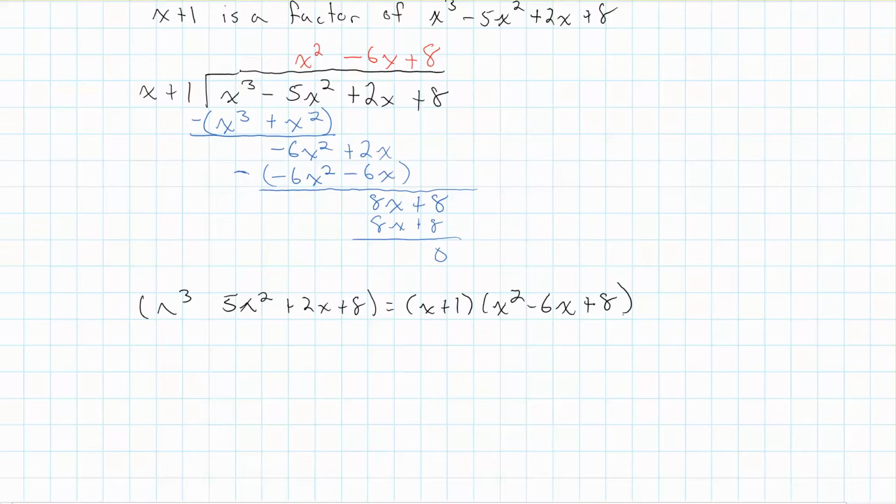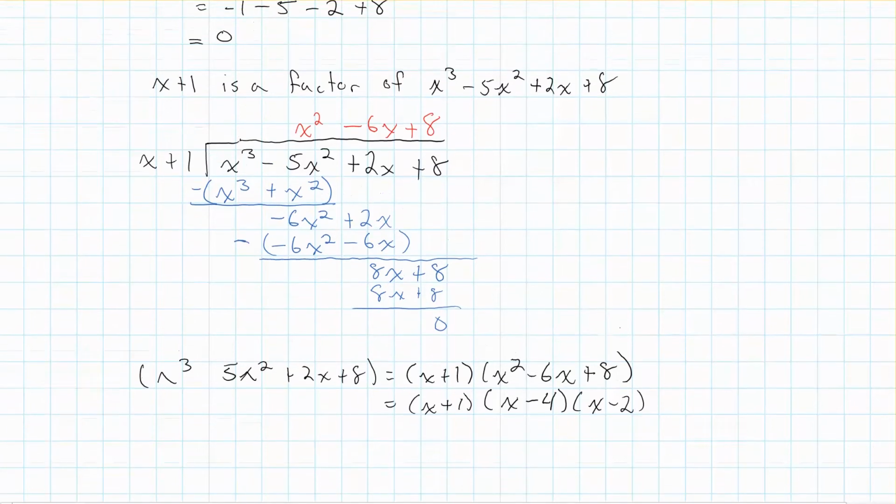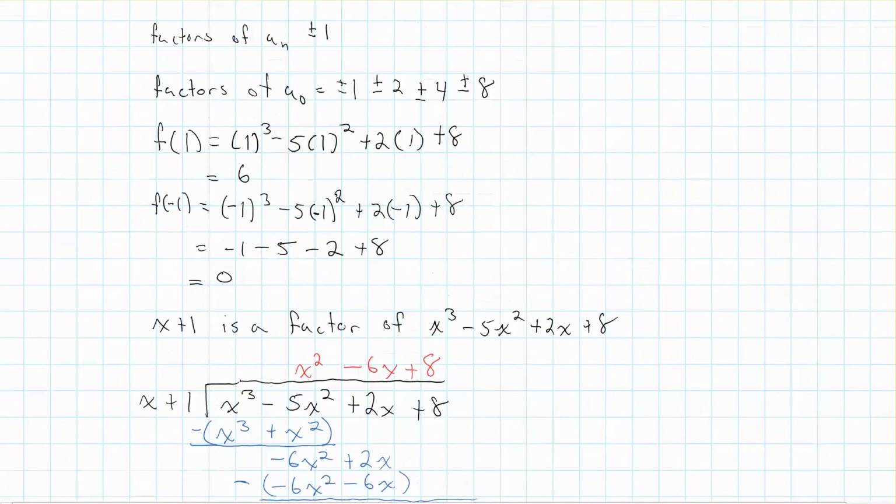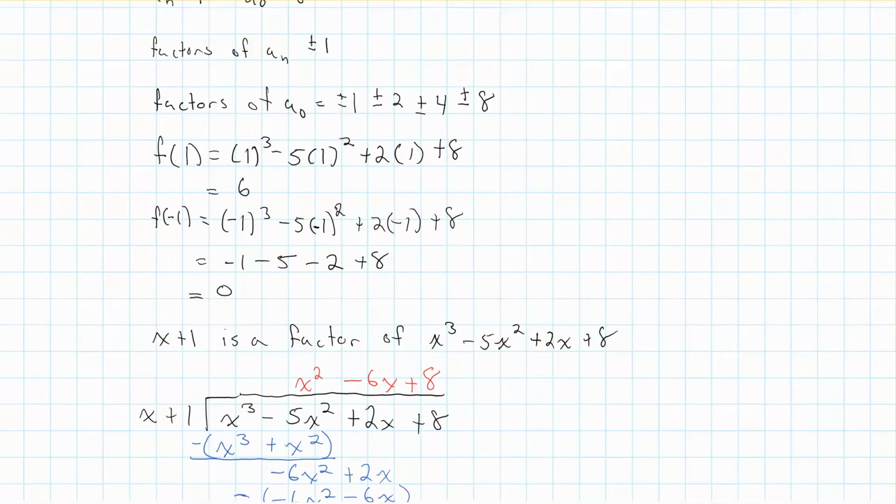Well, now what can I do? I can use the quadratic formula or see if it factors. Now, it does factor, and this factors to x plus 1 times x minus 4 times x minus 2. Now notice, positive 4 and positive 2, which are the other two zeros, were going to be options here if I had gone through and evaluated all of them.